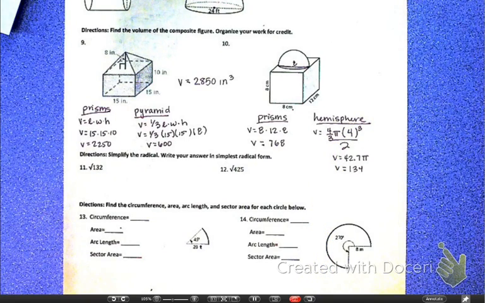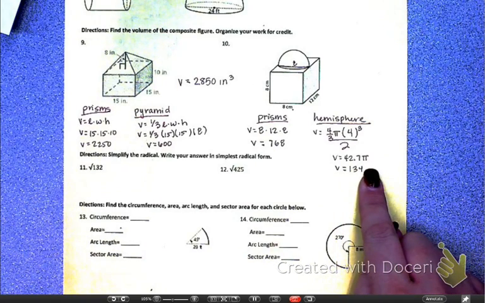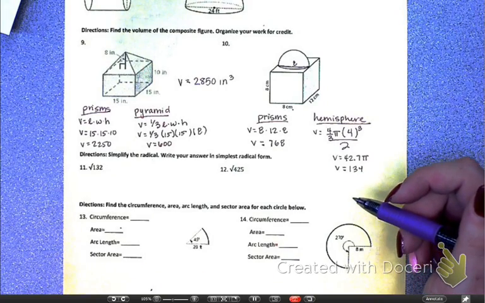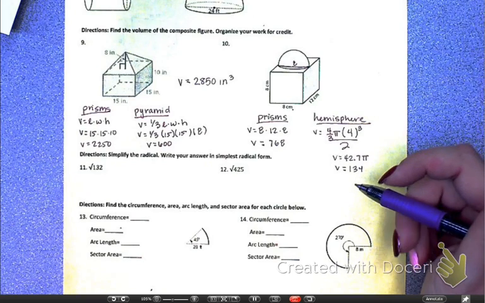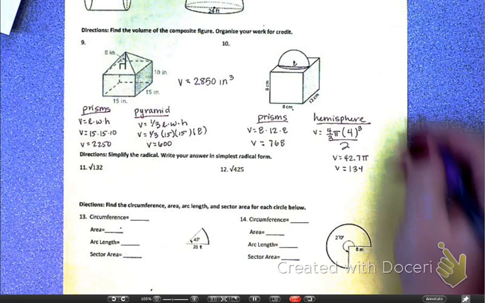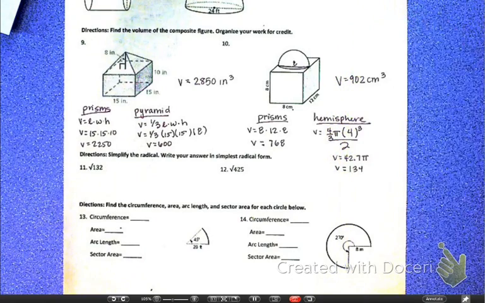Some of you may have 134.1, and it's because you actually did 42.7 times pi. When I did it, I kept the 42.7 and the rest of the decimal and multiplied it by pi, so our rounding's slightly off. You'll still get credit for that. Okay? So 768 and 134 gives you 902 centimeters cubed.